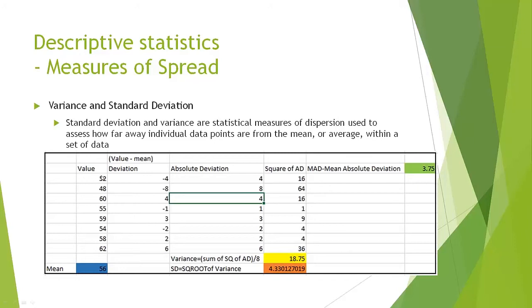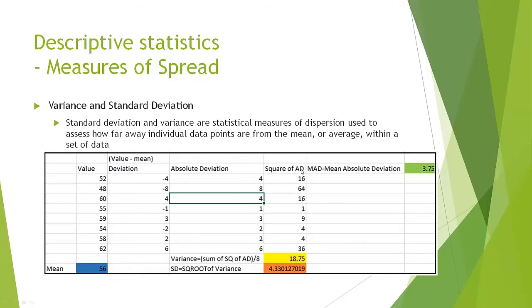Here we have a derivation of how you calculate variance, standard deviation and mean absolute deviation, for those who need a brush up of high school math. A small illustration: this is again the same numbers, 52, 52, 48, 60, all the way to 62. You take the mean, it's 56. This 56 minus each of these numbers gives you value minus mean. Absolute deviation is just truncating the minus sign.